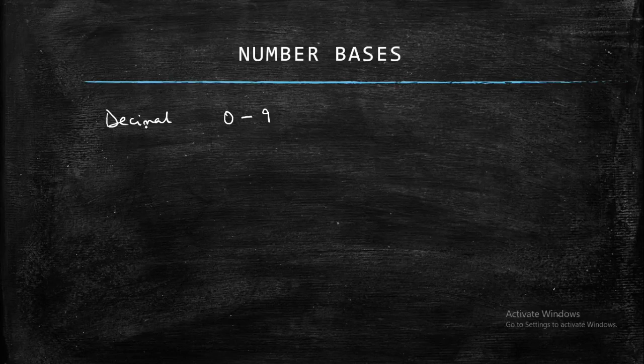This decimal is just base 10. So 0 to 9: we have 0, 1, 2, 3, 4 till we reach 9. We don't reach 10. Also, we have binary numbers, and binary means 2, base 2. So the range of this number is from 0 to 1. Since it's base 2, we stop at 1, so we have only 0 and 1.